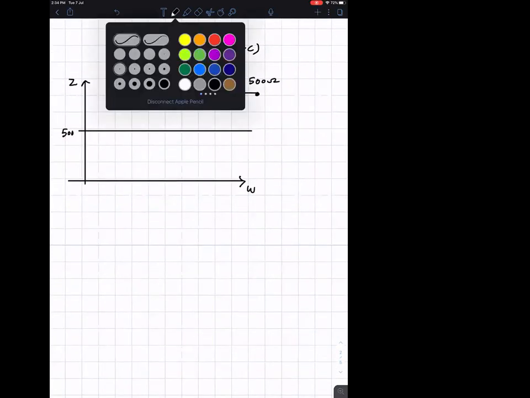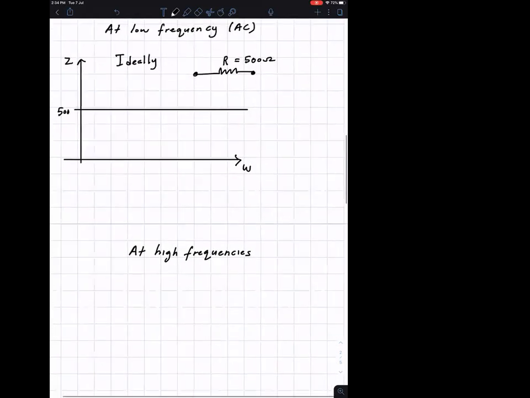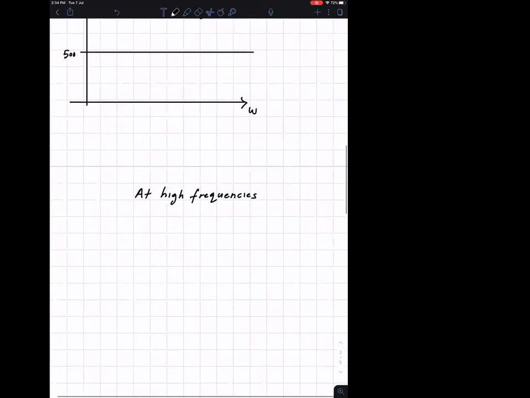At high frequencies, the resistor is a resistor R. You know, any resistor is also a wire.